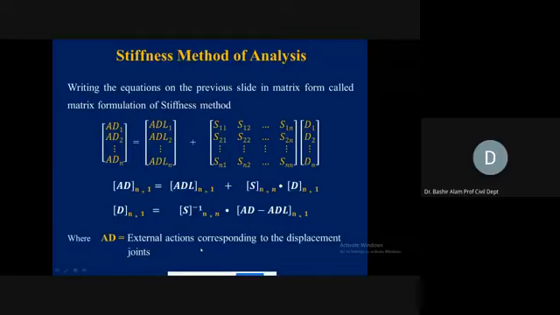So here, the external action corresponding to the unknown joint displacement, we will include in the AD matrix. A is for the action and D is for the displacement. So action corresponding to the displacement, which one? The unknown joint displacement.